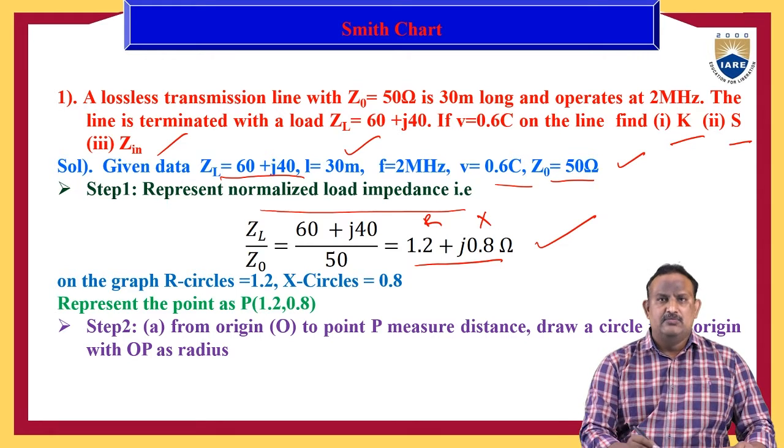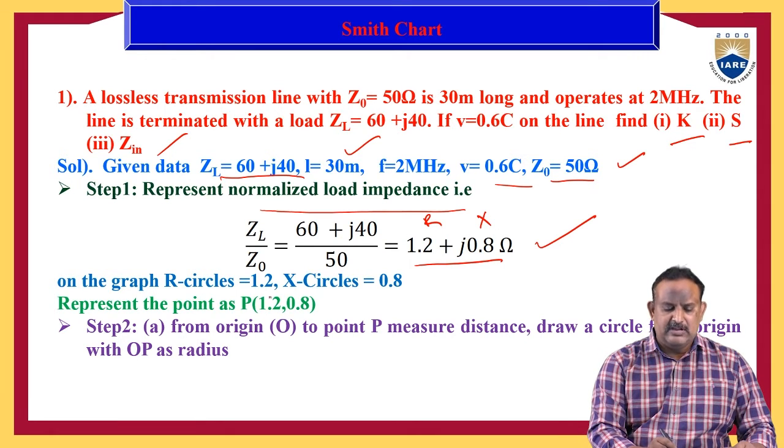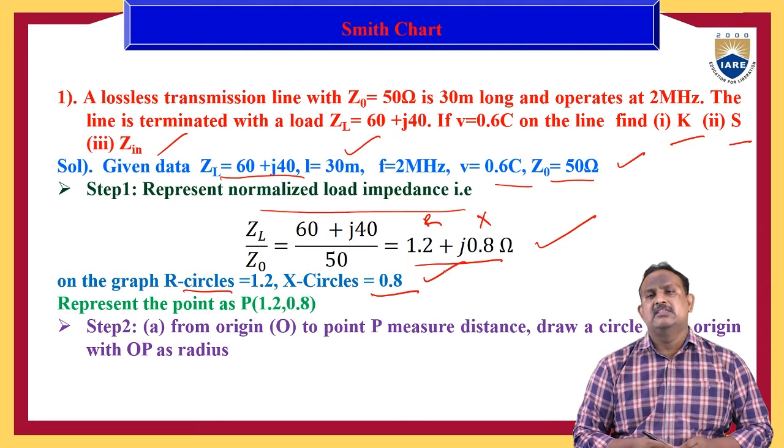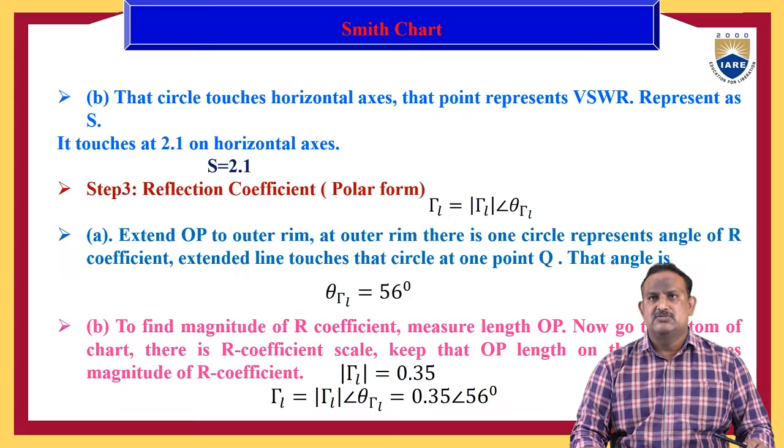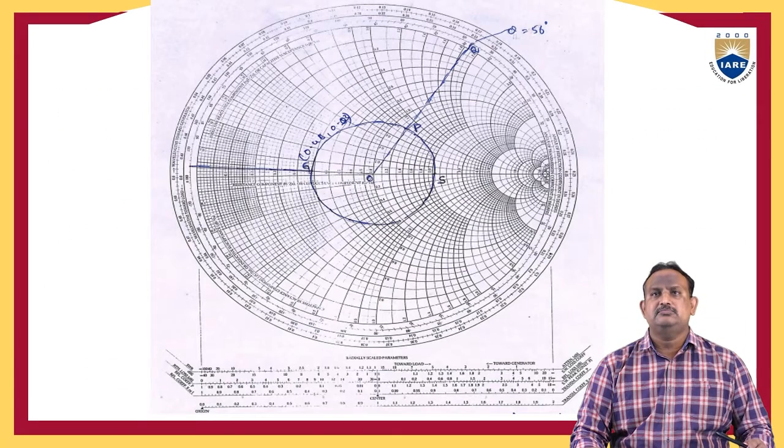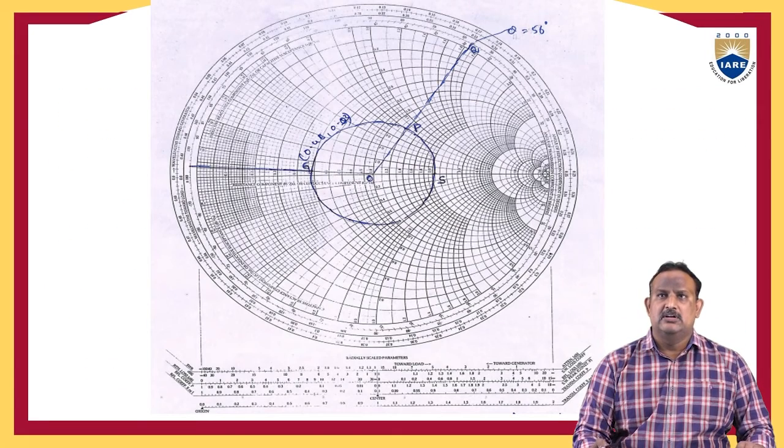So on the graph, we represent 1.2 on the R circles and 0.8 on the X circles.